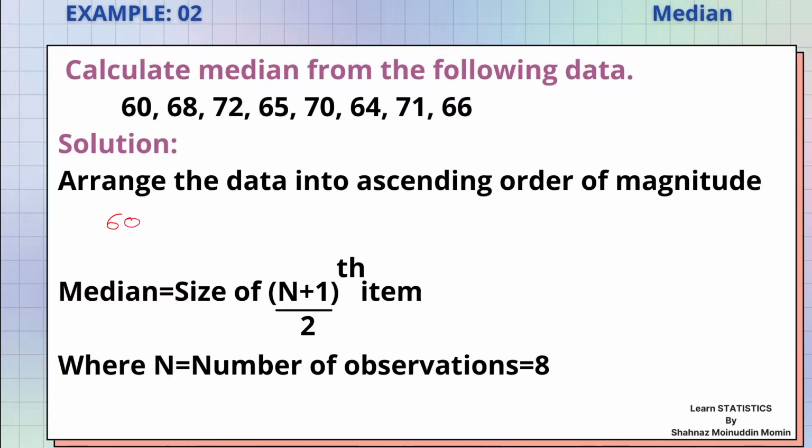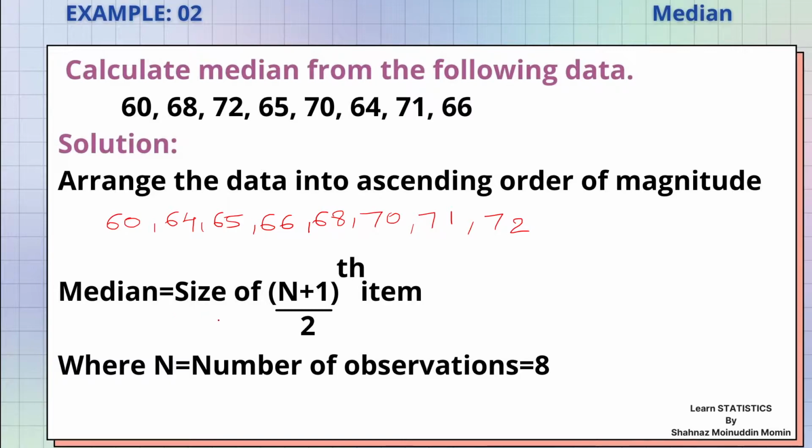First the smallest is 60, next is 64, 65, 66, 68, 70, 71, 72. We have arranged the data in ascending order of magnitude.